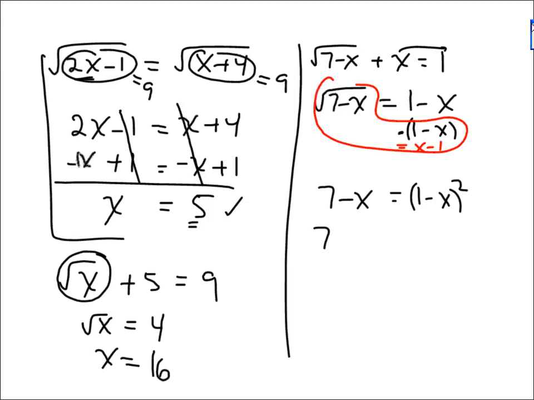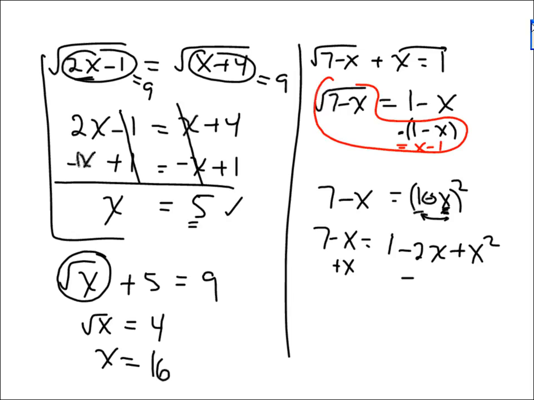Okay, so you get 7 minus x. You square the right side. It's a difference. You square the 1, you get 1 minus, because there's a minus in the middle. You multiply the 1 into x, and you get x, and you double that. And then you square the x. You get 1 minus 2x plus x squared. And it's a quadratic, so I'll bring everything to the right side.